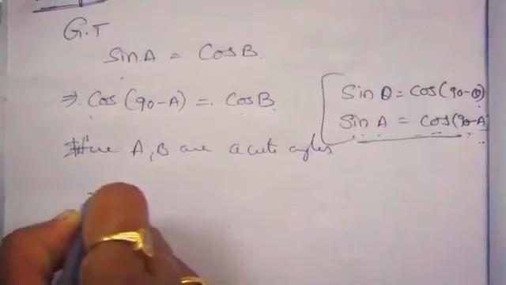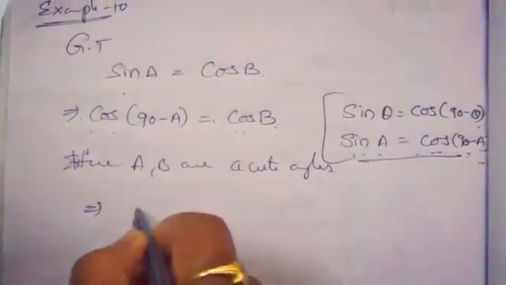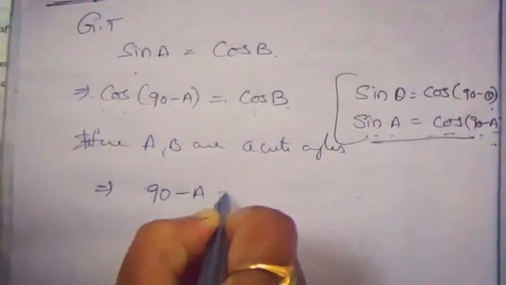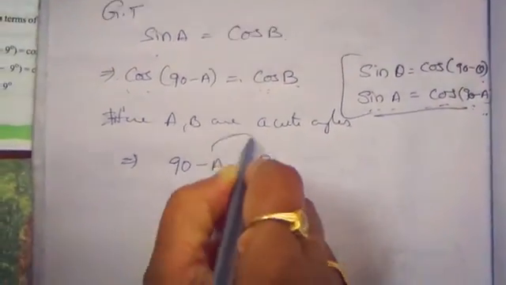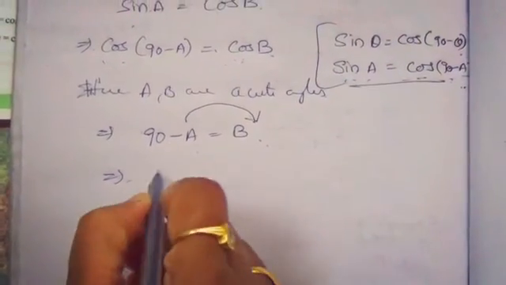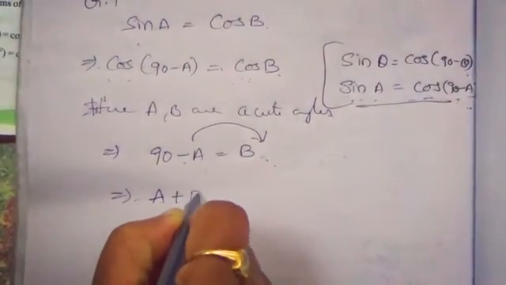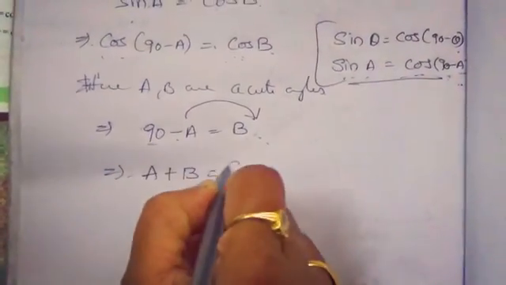Then you will get 90 minus A is equal to B. You just bring this A to the other side. Then minus A becomes plus A. A plus B is equal to, remember here, 90.